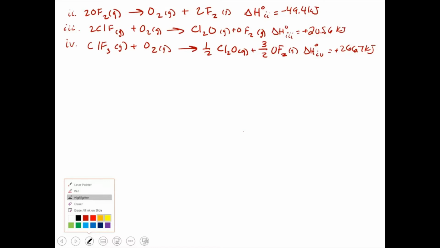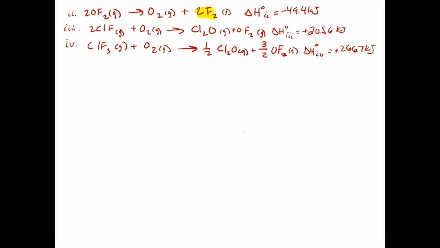So what I need to end with, for instance, I know I need this fluorine, and I know I need fluorine monofluoride, and I need chlorine trifluoride. That way I can just kind of see where they are so I can remind myself this is what I need to get to.